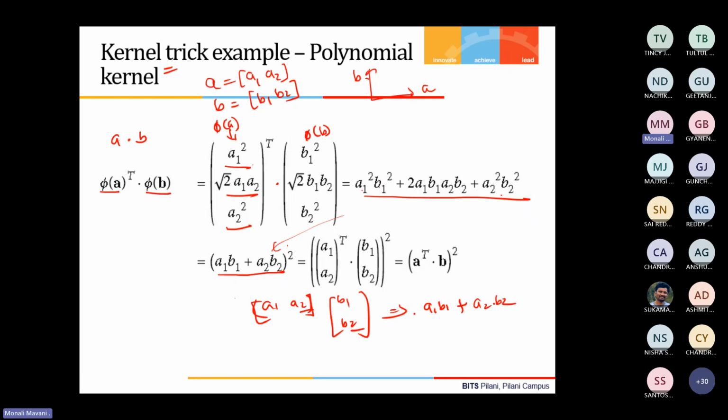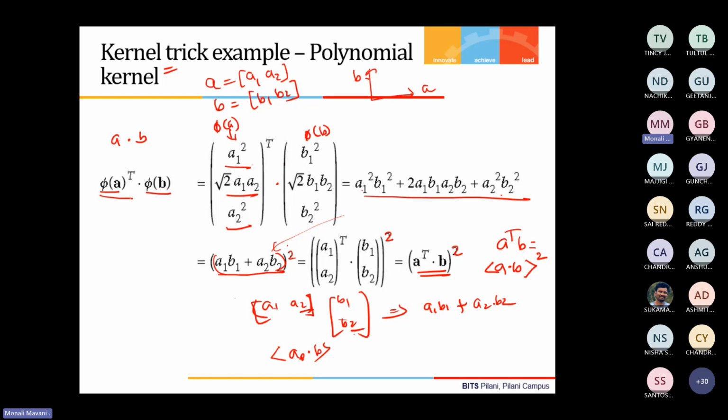So the inside is nothing but the dot product of A and B, and the square we are keeping as it is. A transpose B is the dot product between A and B, and we are taking the square of that dot product.